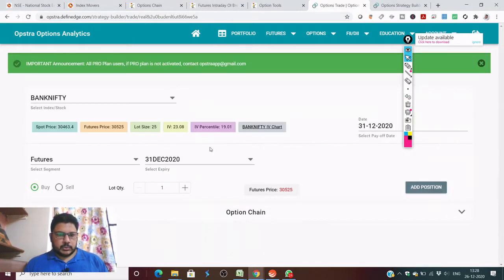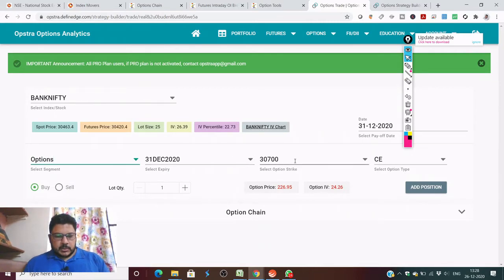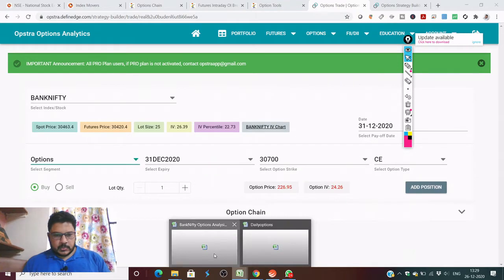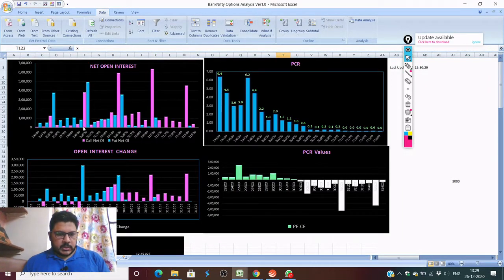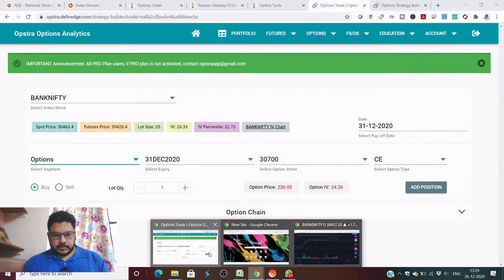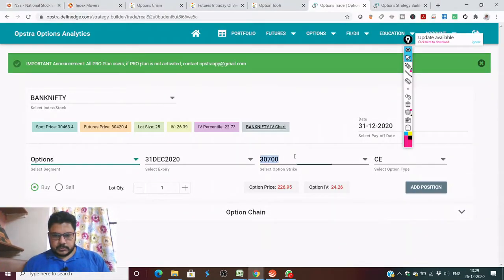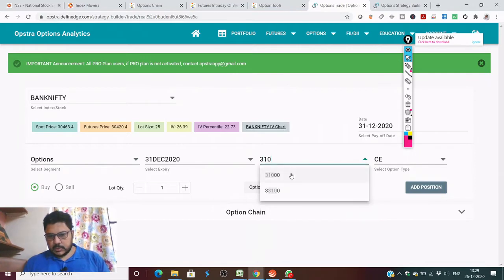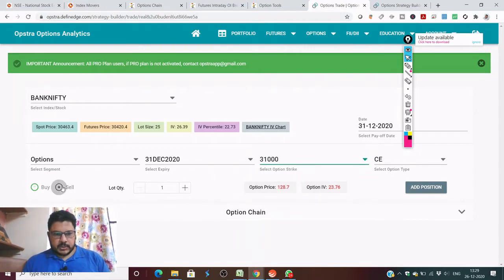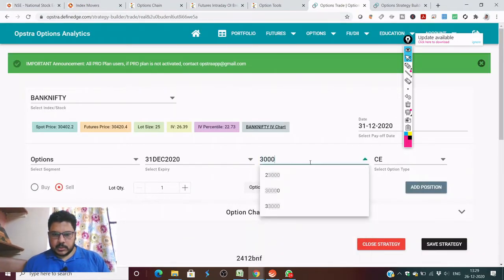So what do we have to do? For example, we have identified 31,000 and 30,000. Let's take these two strikes. Here the 31,000 call, we are going to sell one lot, and the 30,000 put, we are going to sell another lot.